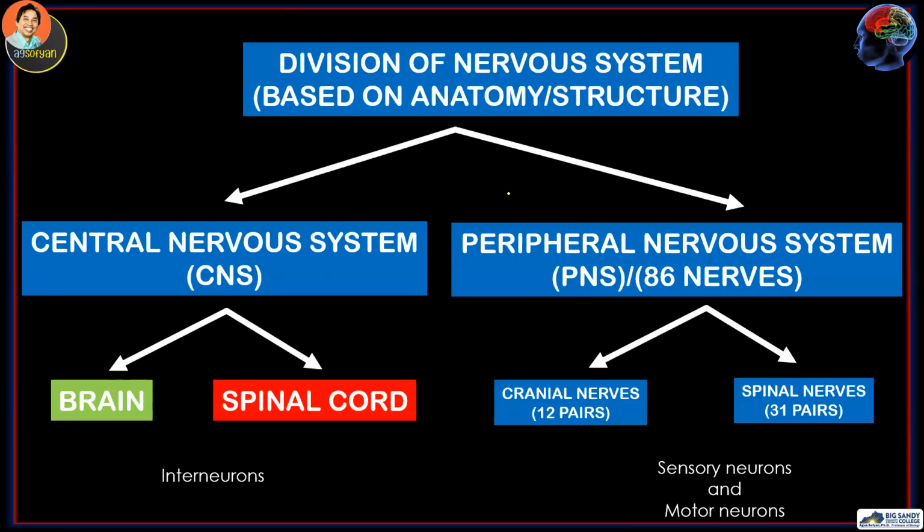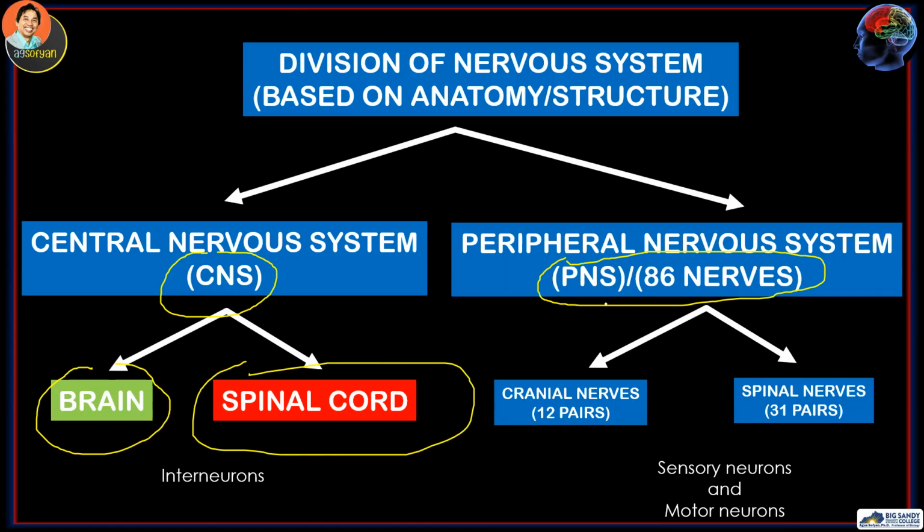So just as a reminder, the nervous system is divided into the central nervous system and the peripheral nervous system based on structure. The central nervous system consists of the brain and the spinal cord.